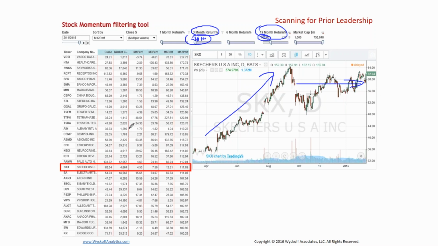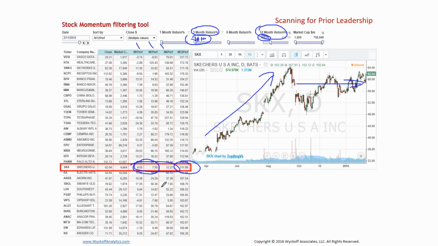So any type of scans that you can create, reflecting those ideas, would be very helpful. And in this case, we're looking at the 12 months outperformance of 11%, and see how 1 month, 3 months, 6 months are actually somewhat underperforming, especially the 1 and 3 months right here. And that's exactly what you're looking for.